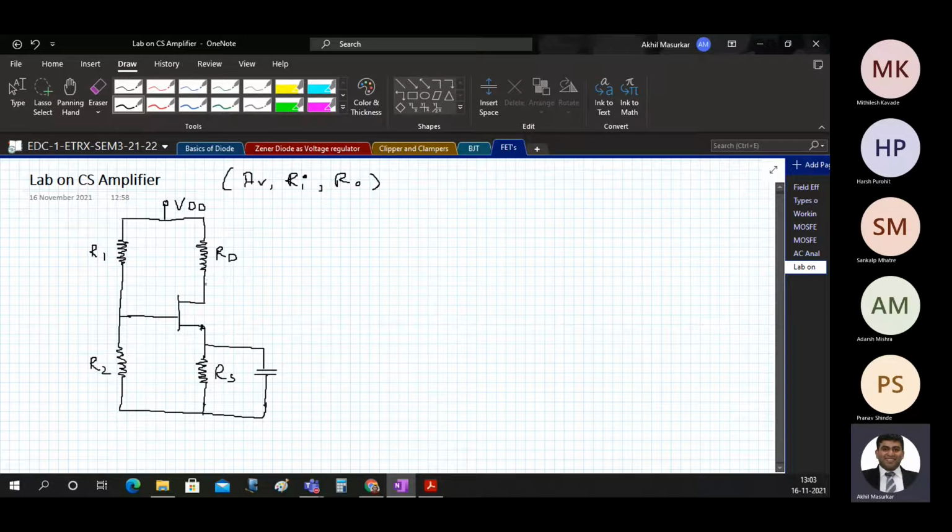And then we have capacitances C0, and here you can have a resistance of 10 kilo ohms. We call it RF. So let us first find out what is the gain that we are expecting.